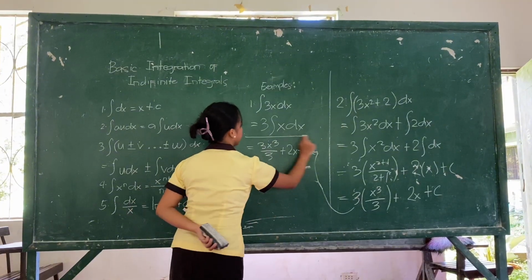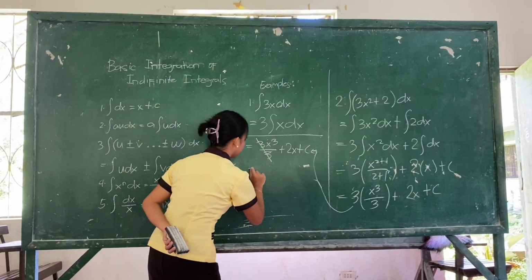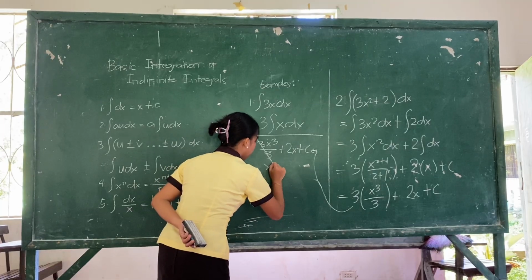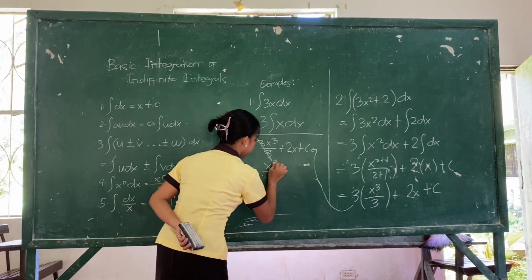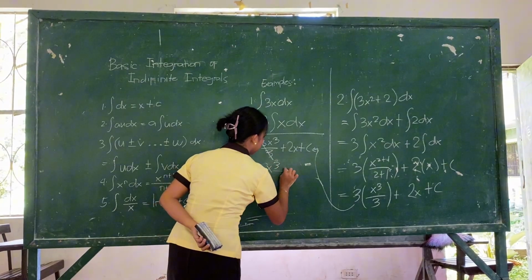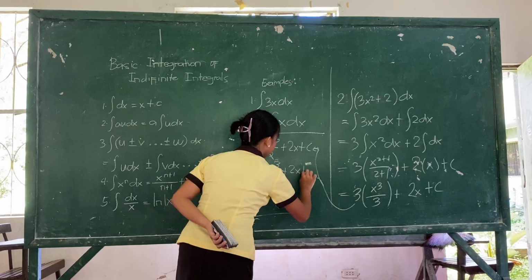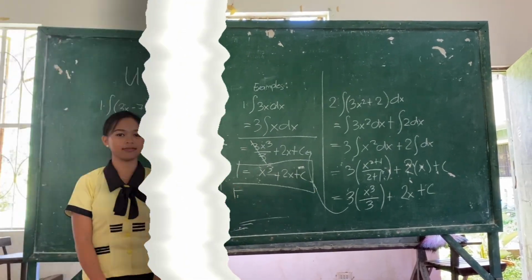Since 3 divided by 3 is equal to 1, we can cancel it out. Then copy x cubed plus 2x plus c. And this is your final answer.